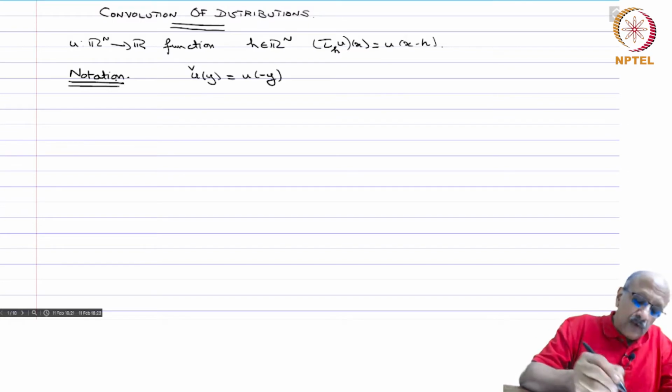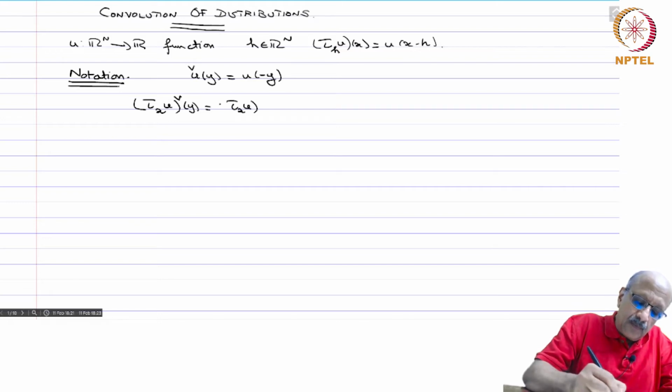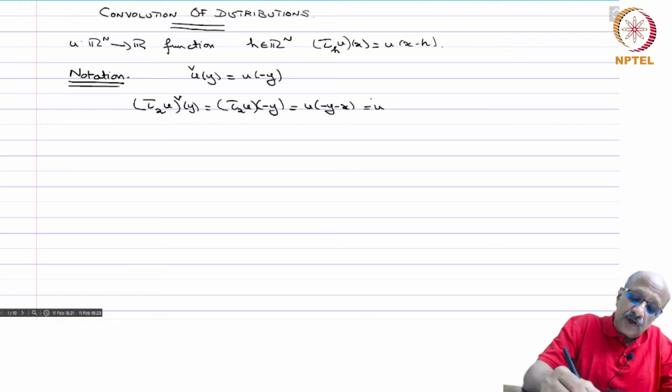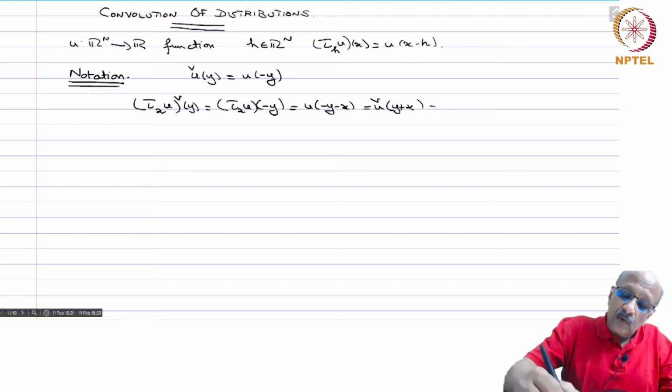Now, for instance, if you take tau x of u chesh evaluated at y, this will be tau x of u evaluated at minus y, this is u evaluated at minus y minus x, this is u chesh evaluated at y plus x, and this is equal to tau minus x of u chesh evaluated at y.